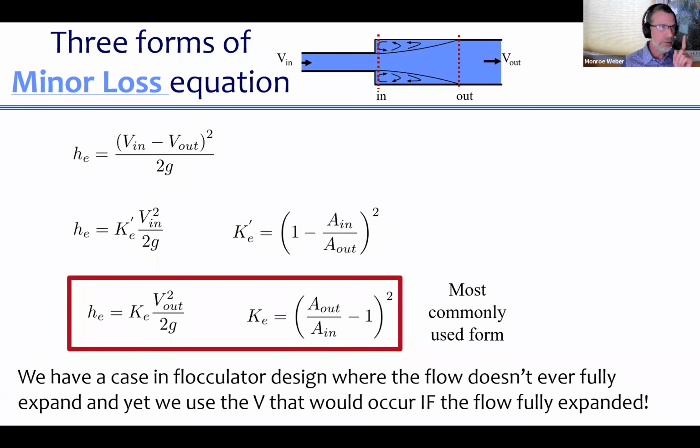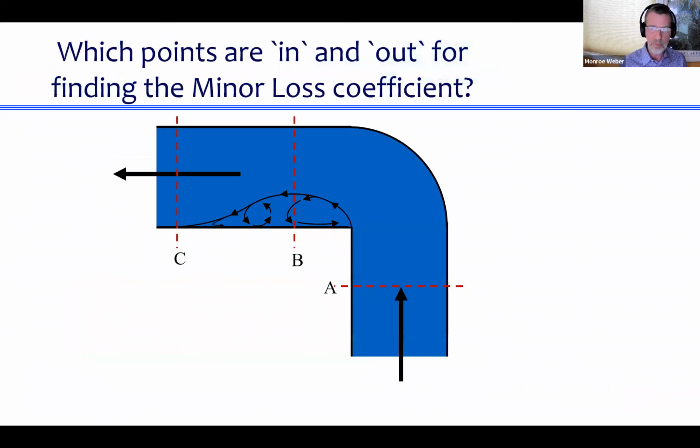Because flow through an elbow is actually a combination of a contraction, which now you know is a very efficient process, followed by an expansion. So the expansion part in the elbow, where is it? Where's in for the expansion part?